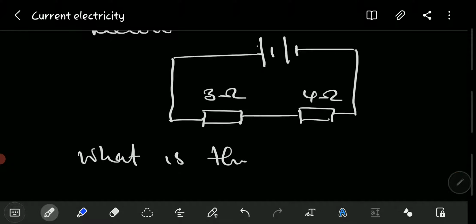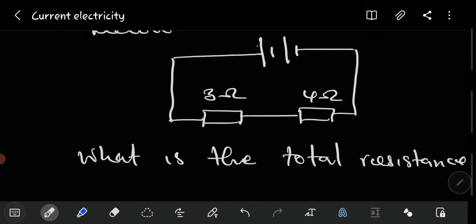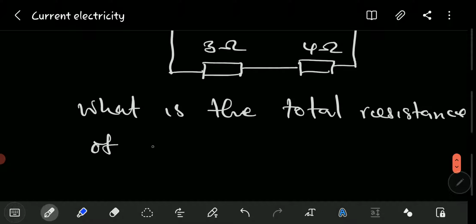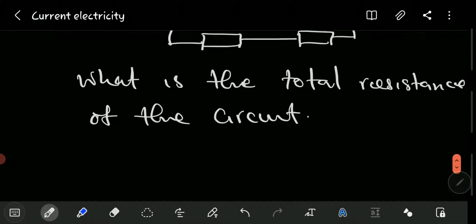So what is the total resistance of the circuit? What is the total resistance of the circuit?